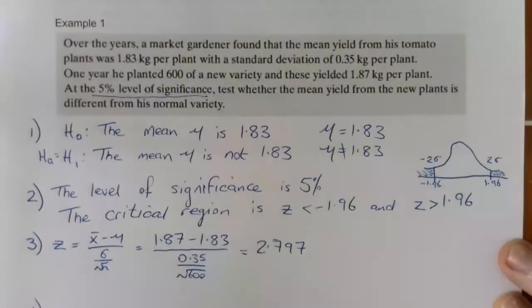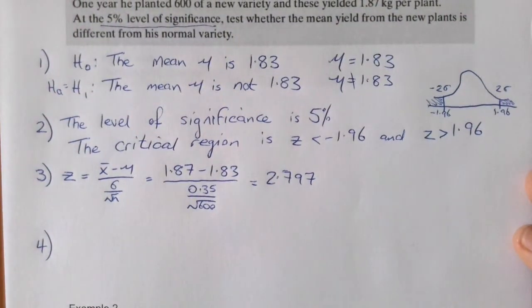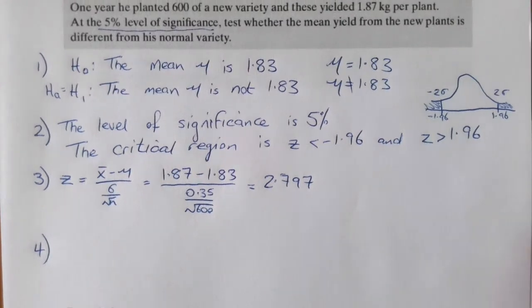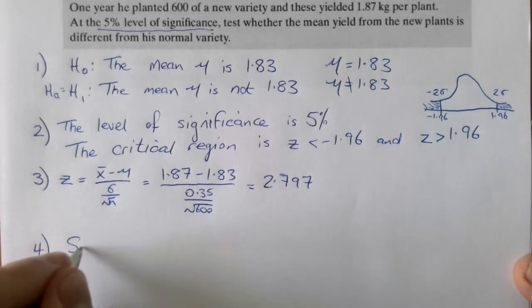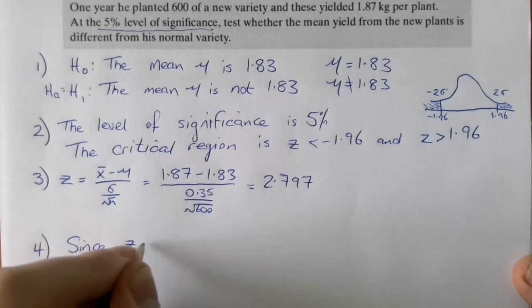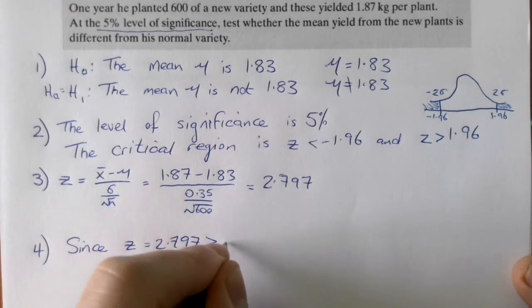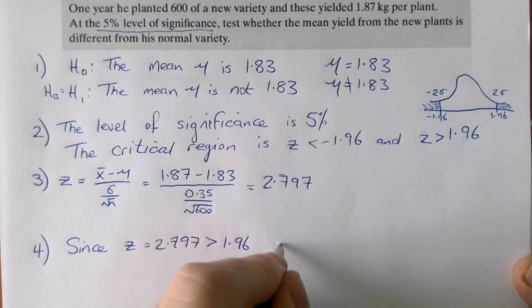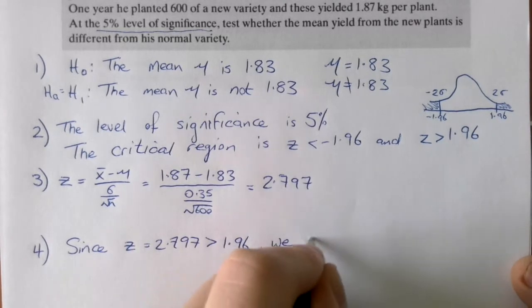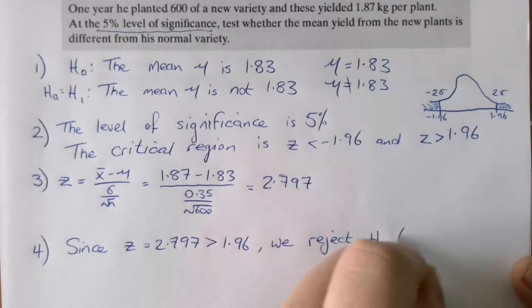So let's move this up. That is our test statistic, so that's our value for z. Since z is equal to 2.797, which is greater than 1.96, we're going to reject H0, the null hypothesis.